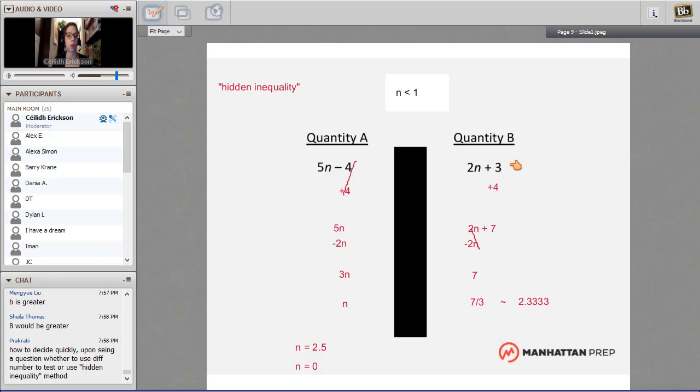So the unsatisfying answer is you won't know right away. You have to practice it both ways. As you're doing practice problems, see if you can do them different ways. But the signal for when it's going to work is if you have the same variable in each quantity A and quantity B, and there are things like -4, +3, things that you could move from one side to the other easily.